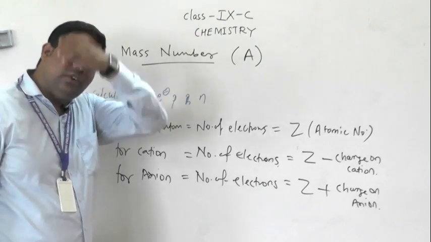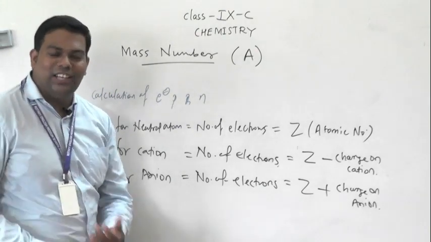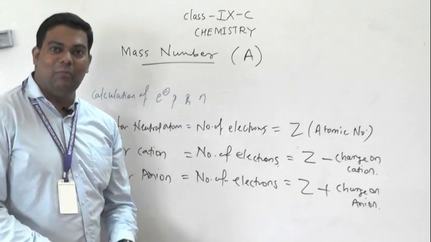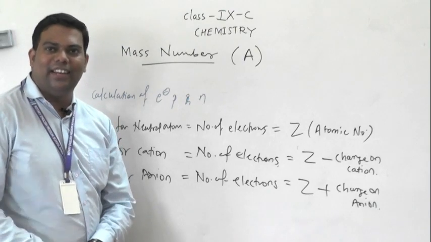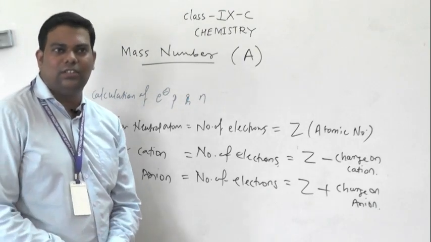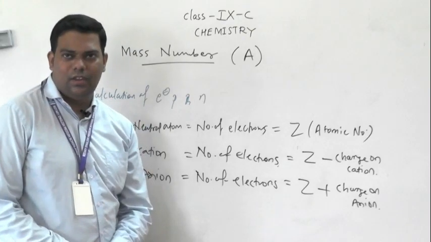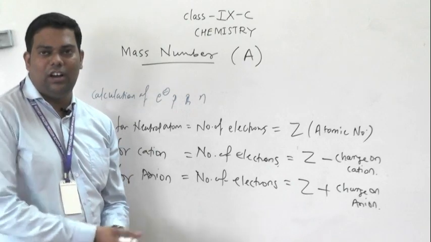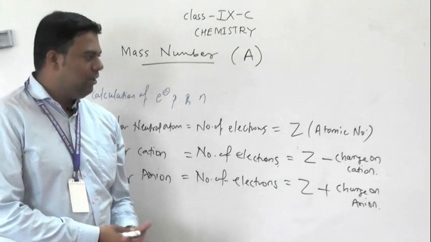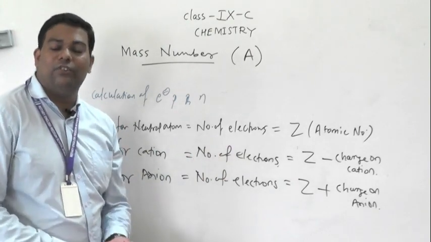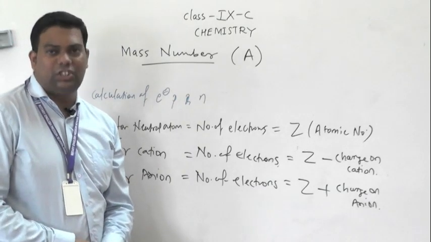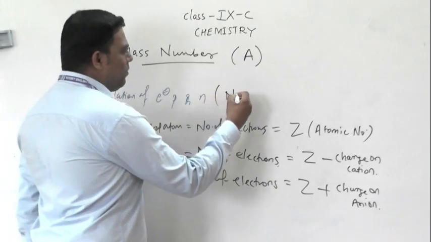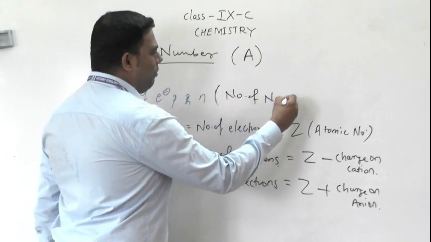The number of protons is equal to the atomic number only, and the number of neutrons may vary. For example, in phosphorus the mass number is 31, and the number of neutrons came to 16.